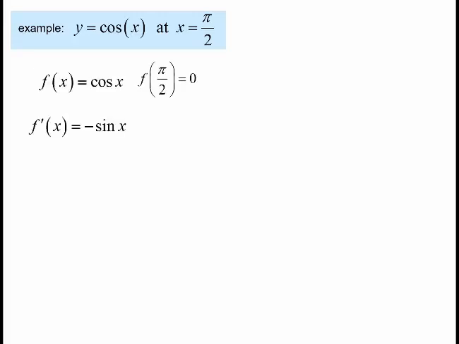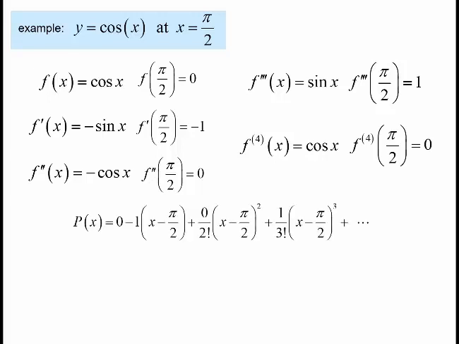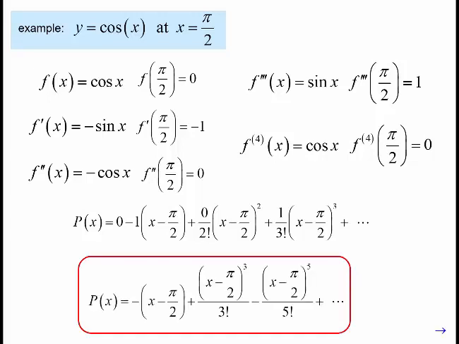So going through the same thing, the derivatives, and then evaluating them at that pi over 2. Plugging it very, very simply in here like so. Now the next thing we have to do is just multiply it and apply it right to the formula here. So the 0 goes away.